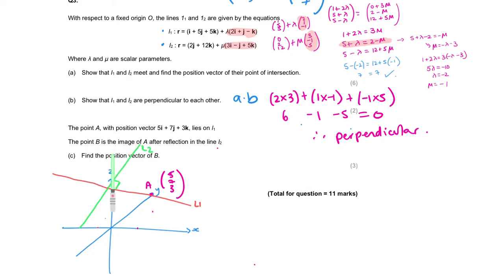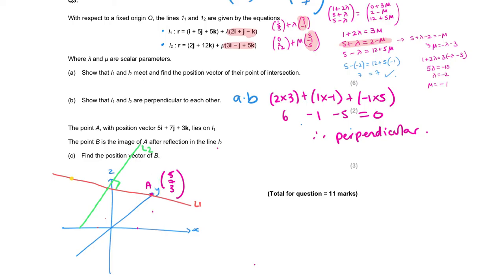It then says the point B is the image of A after reflection in L2. So this has then been reflected to here, because it's been reflected in this line. So our B is going to be here somewhere. Okay, so this is really good news.